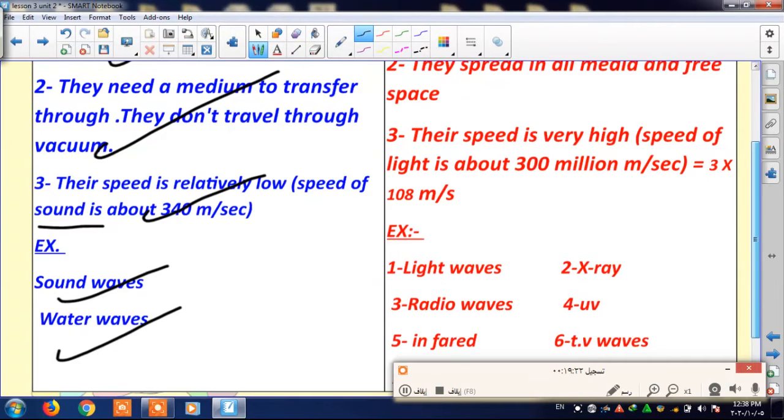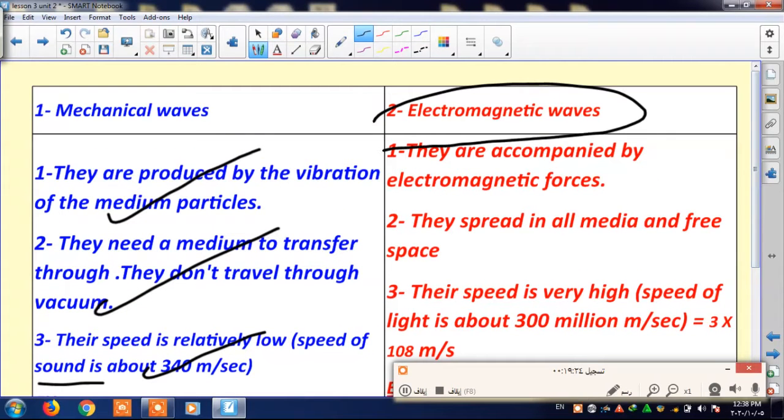The second type of waves is the electromagnetic waves. Electromagnetic waves are produced from the combination of two energies, the electric energy and the magnetic energy. So what are electromagnetic waves combined by?